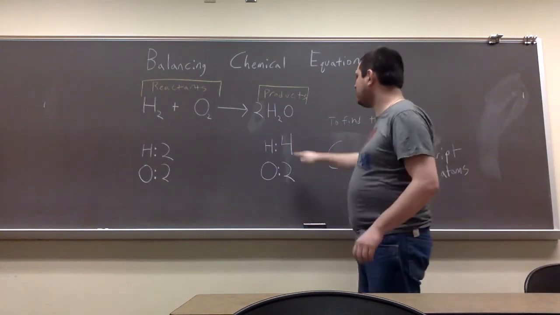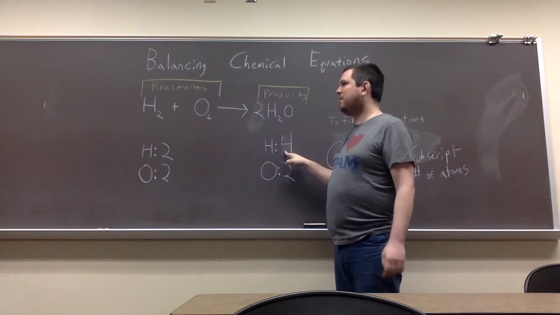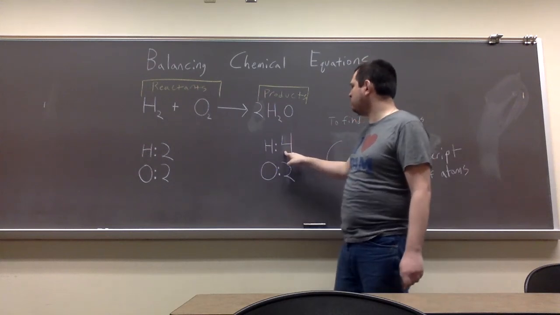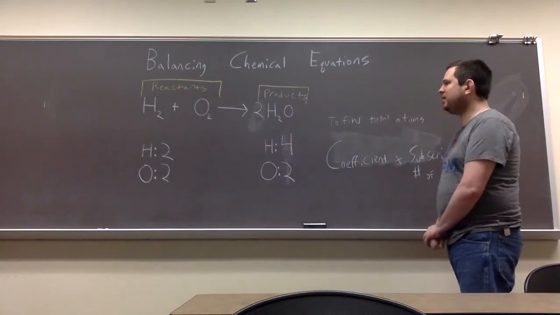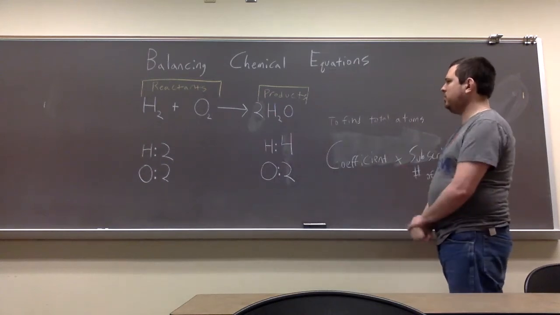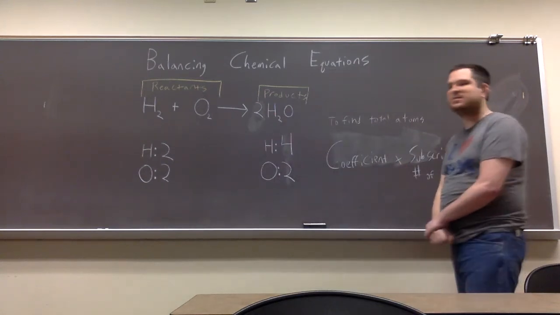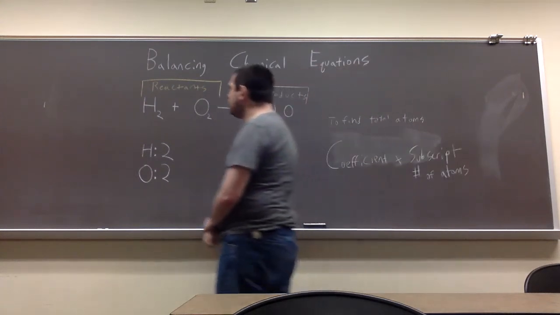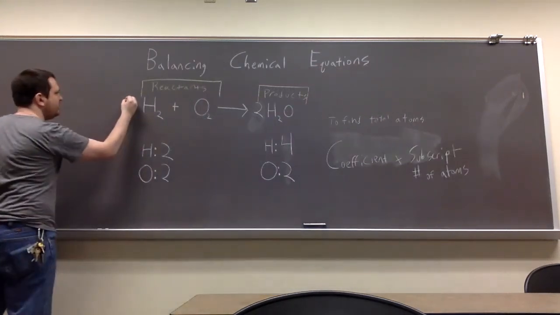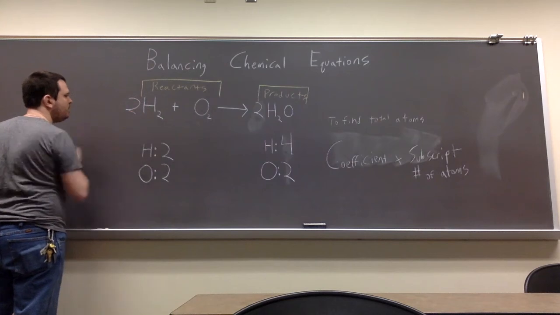So we need to find a common multiple between the 2 and the 4 for our hydrogens. Luckily, there's a real easy one. It's 4. 2 times something equals 4. Hopefully, you know 2 times 2 equals 4. So if we come over here, we put a 2 there.